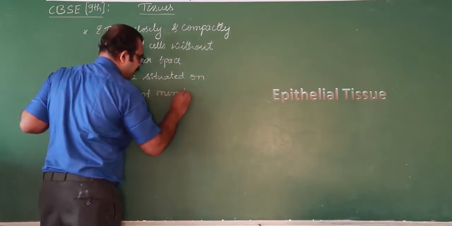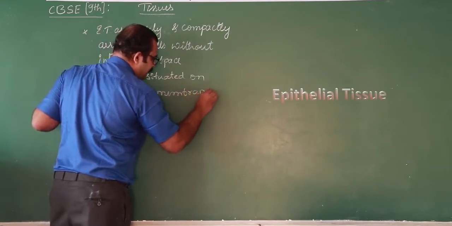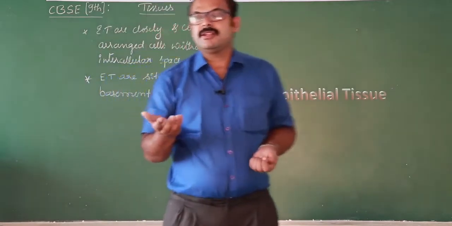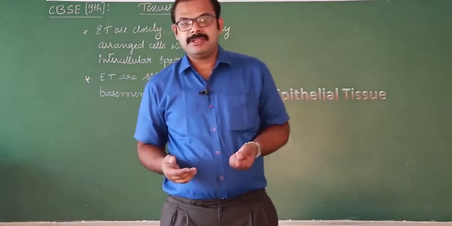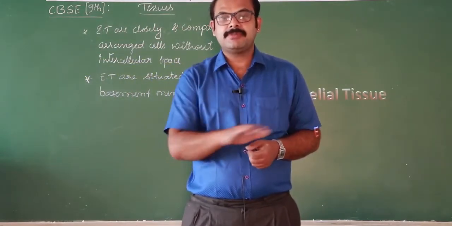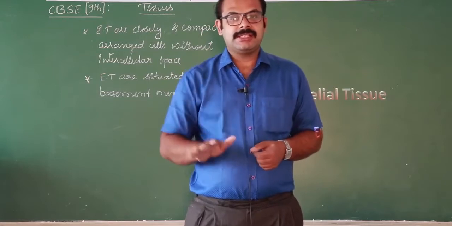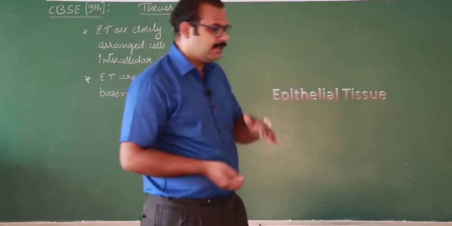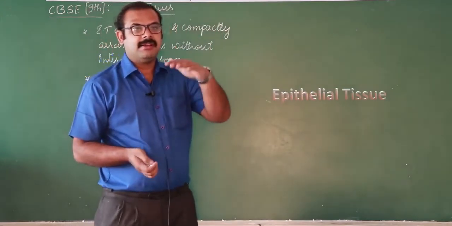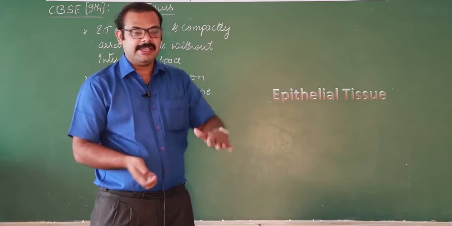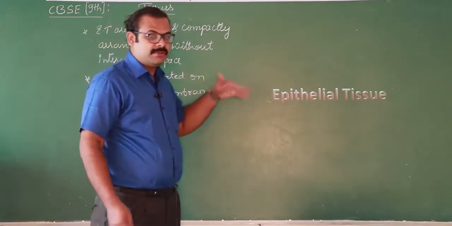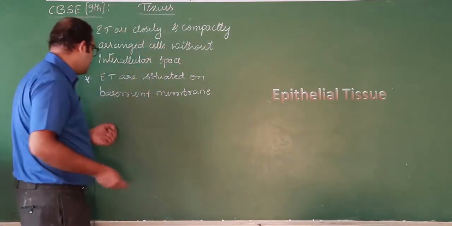For example, while flooring, we put cement and over that we put tiles, right? Think of the cement as acting like a basement membrane. The basement membrane holds the upper layer, just like the tiles. Actually, this basement membrane is nothing but connective tissue, which we are going to study in the coming classes.